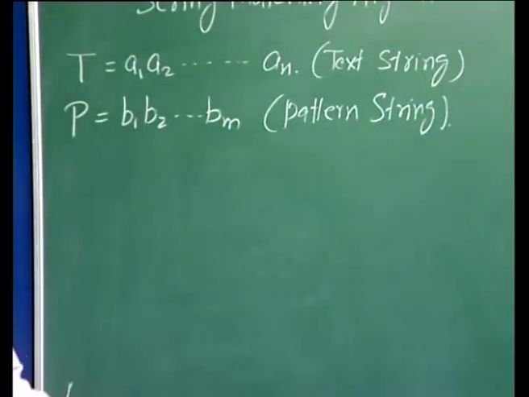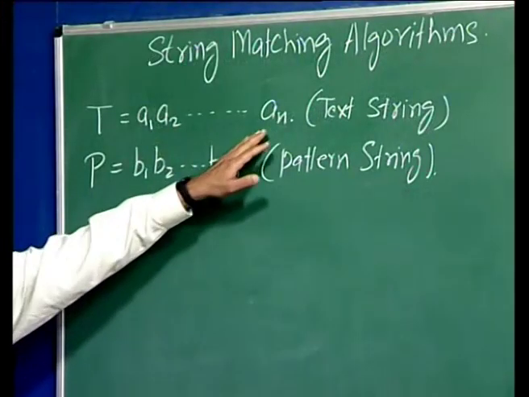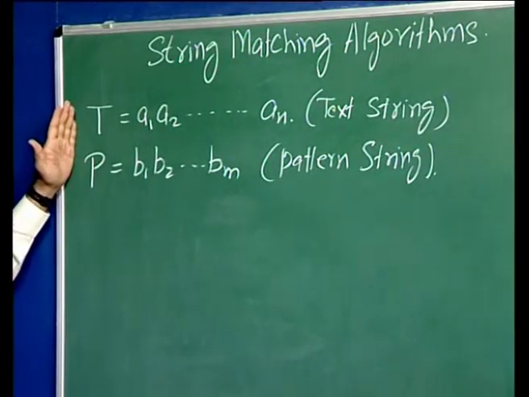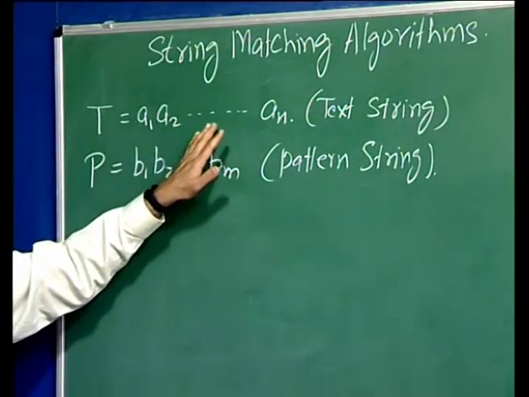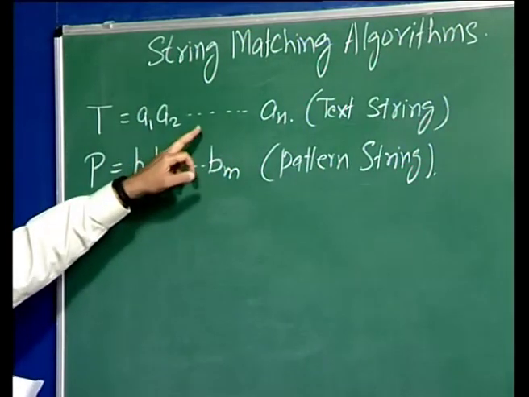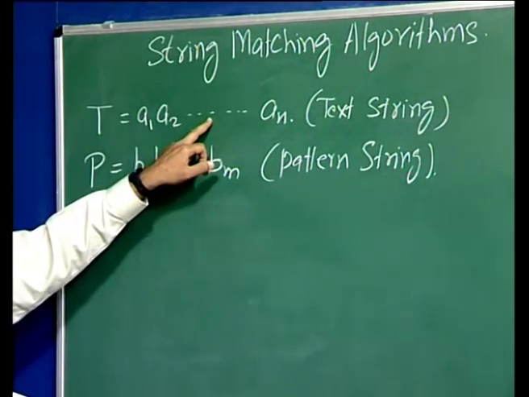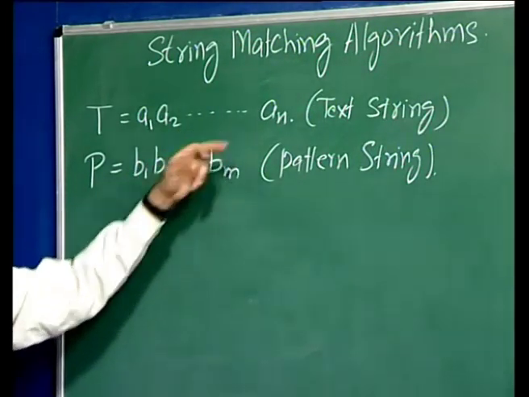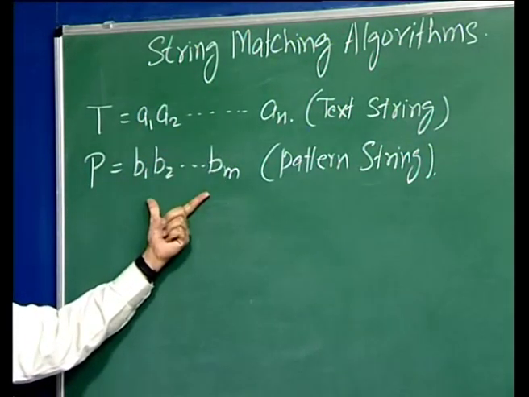Our goal is, and usually n is greater than or equal to m, and our problem is to see if there exists some position in this string T from where contiguous m symbols match these symbols.